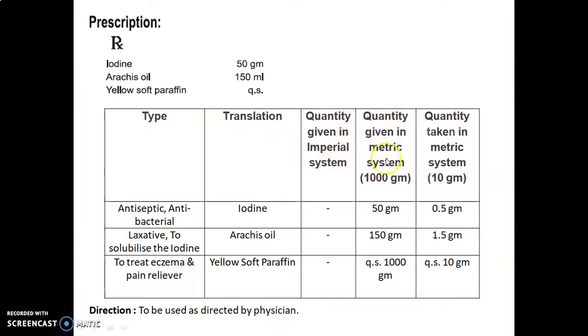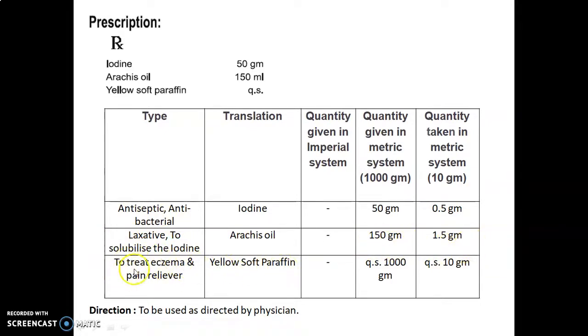So the quantity given in the metric system is for 1000 gram, and the quantity taken in the metric system is to prepare 10 gram. Iodine is used as an antiseptic and antibacterial; quantity given is 50 gram, so the taken quantity should be 0.5 gram. Next, paraffin oil is used as a laxative and to solubilize the iodine. Quantity given is 150 gram, taken quantity should be 1.5 gram.